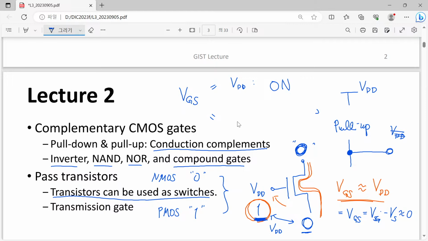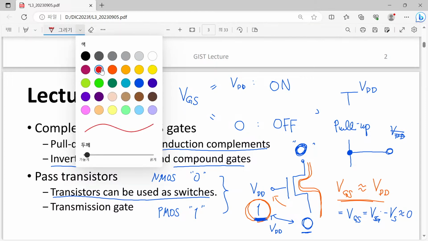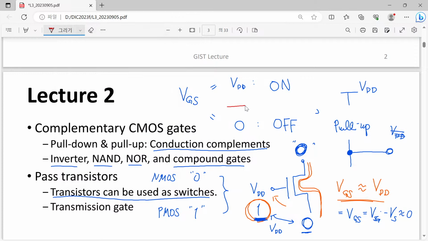And when VGS is 0, it is certain that we have a completely turned off transistor. Then what happens in between? Your question is what happens? Anyway, it is certain that when you have VGS equal to 0, we have a completely turned off transistor.